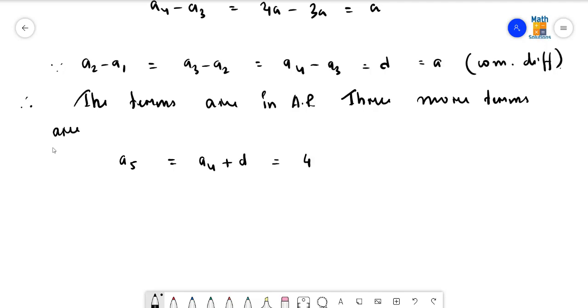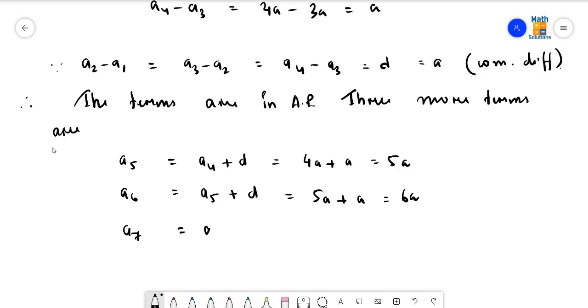That means 4a plus a is 5a. Similarly, A6 is A5 plus d. That means 5a plus a, it is 6a. Then A7 I get as A6 plus d. That means 6a plus a is 7a. And this is the answer.